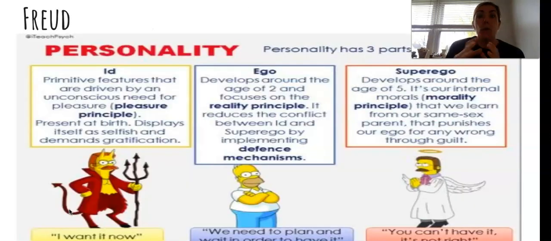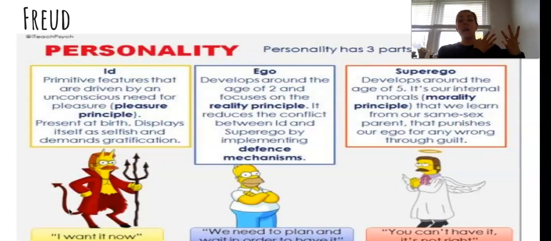Okay, so the three parts of the personality he called the id, the ego, and the superego. You have this little devil that sits on one shoulder, and he refers to that as the id. That's the pleasure principle, like I want things and I want it now.